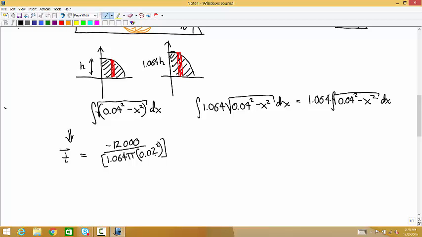Can someone calculate that? Negative 9.733. Okay. And then 0, 0.